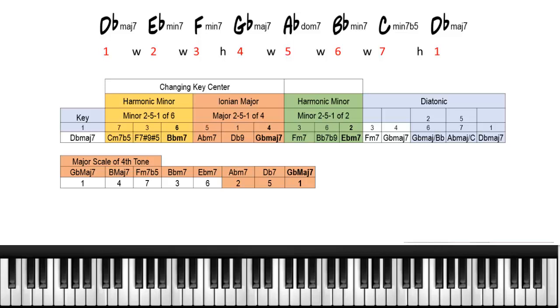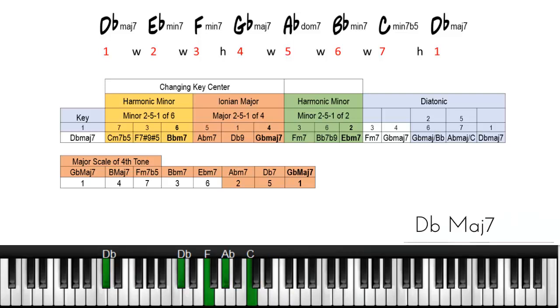So we would be going to the major scale for G flat major and building a 2-5-1 going to G flat major, and in that case it would be an A flat minor 7 to a D flat dominant 9, dominant 9 flat 9, dominant 7 flat 9, and then going to the G flat.